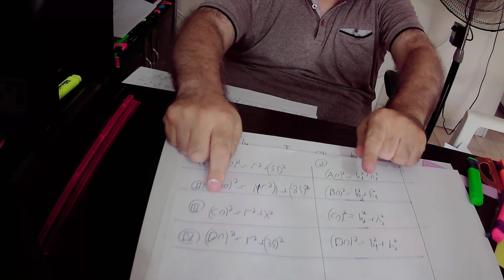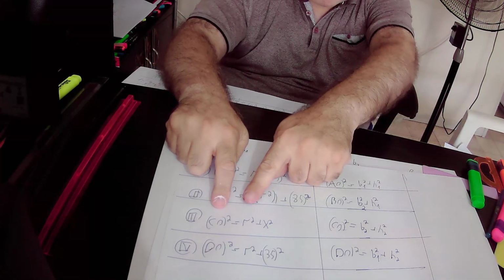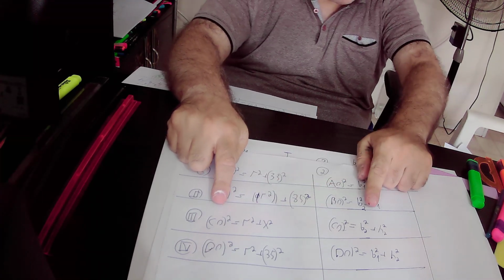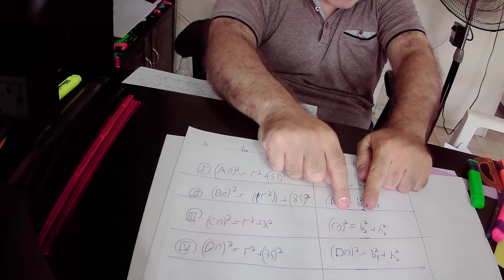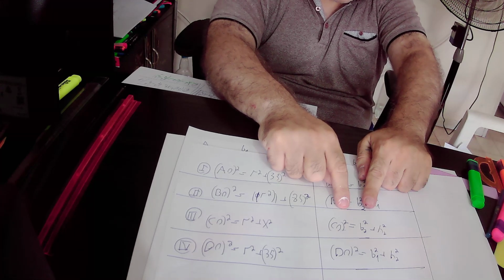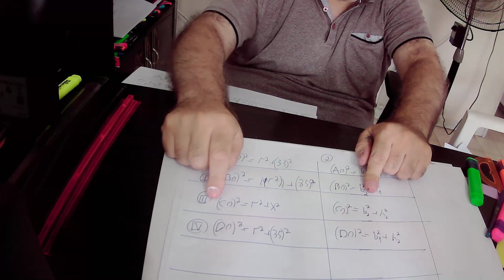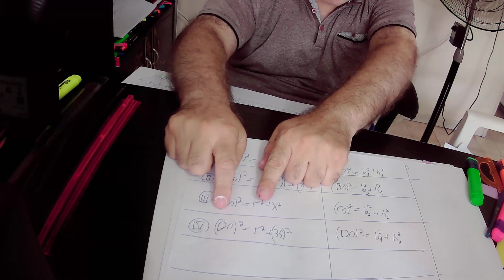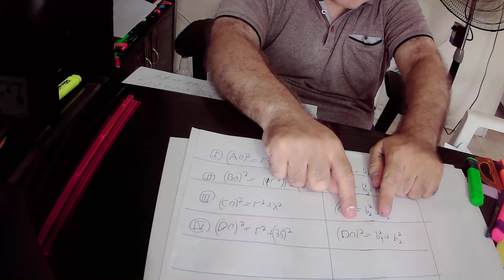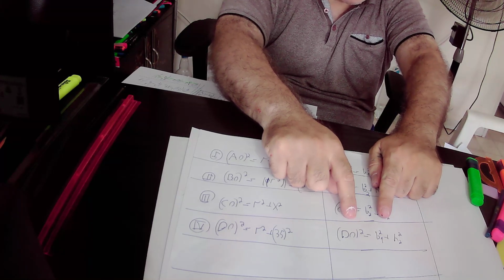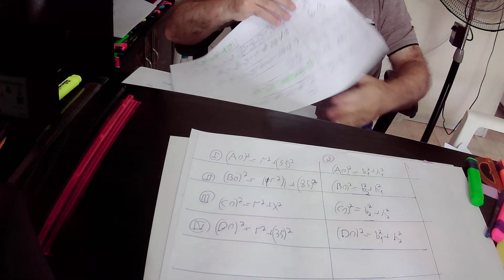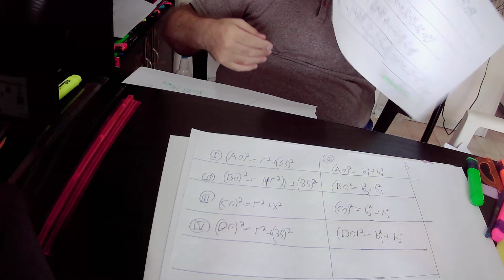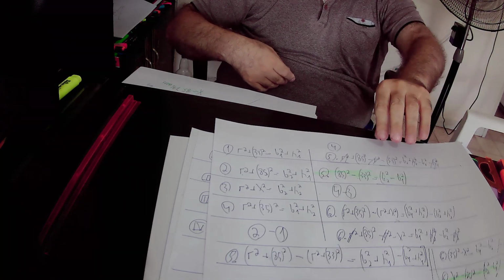Then we created equation number 3 that states that C whole square according to equation number 1 must be equal to C whole square according to equation number 2. And finally, we created equation number 4 that states that D whole square according to equation number 1 must be equal to D whole square according to equation number 2. So those are the 4 equations that we created.